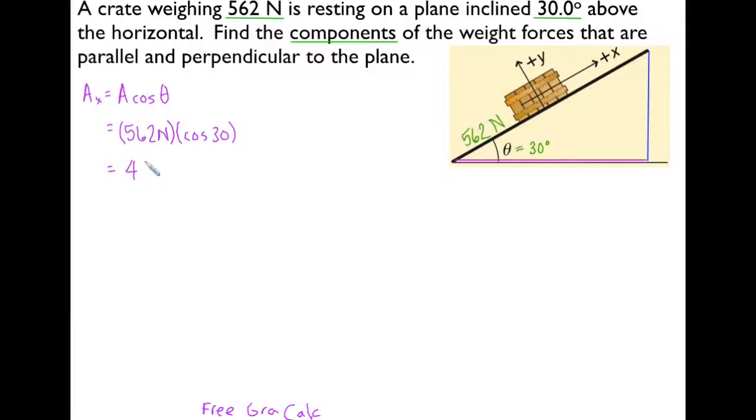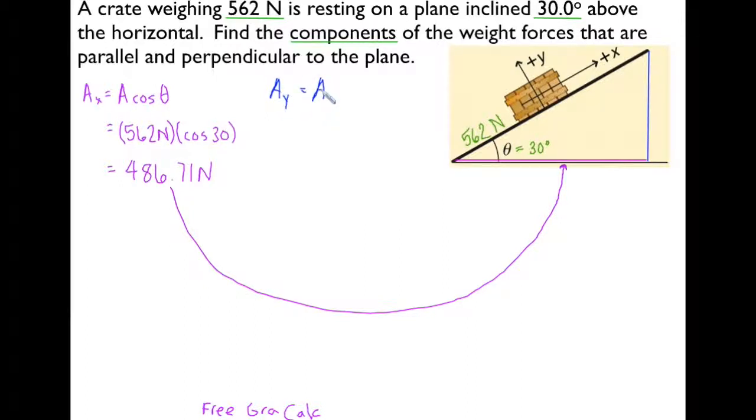So if you put this in a calculator that has degrees, you will get 486.71 newtons, and that's going to be this component of your vector. Now if we want to find the y component, we do the same thing but with sine.